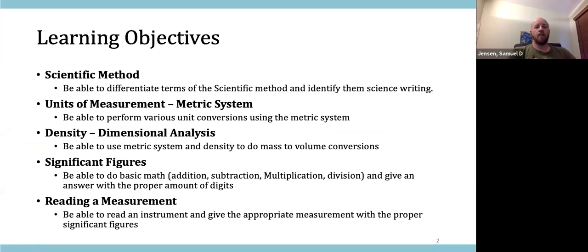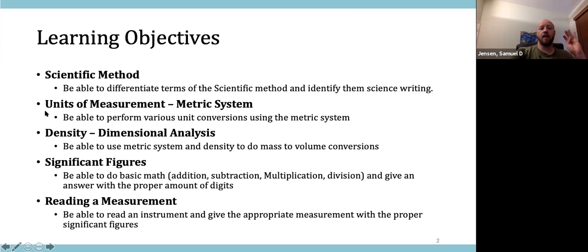I'll verify about the scientific method. I'm not entirely sure that there are questions on it, but you should be familiar with the terms. But we have metric system conversion, which includes density. Questions on significant figures. And then reading measurements.